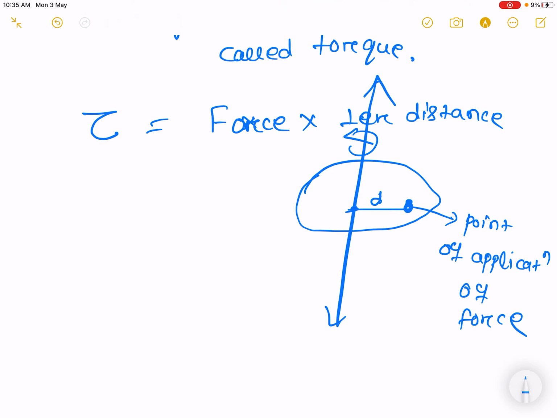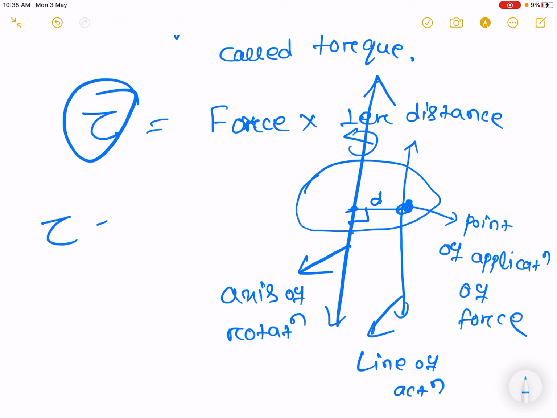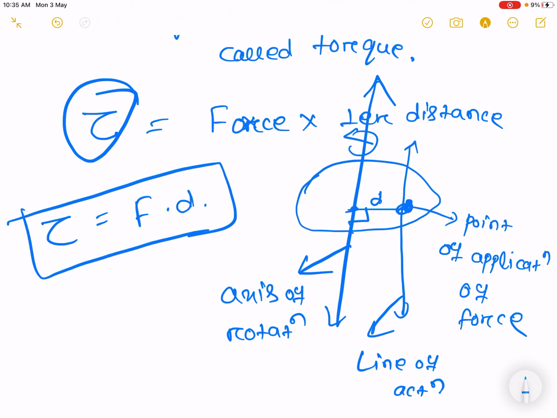This distance must be perpendicular in nature. The line passing through the point of application is known as the line of action. The distance between the axis of rotation and the line of action must be perpendicular. If these two are perpendicular, then we can find the torque. So the formula of torque is tau equals F into D. This is the concept of torque. This much today.